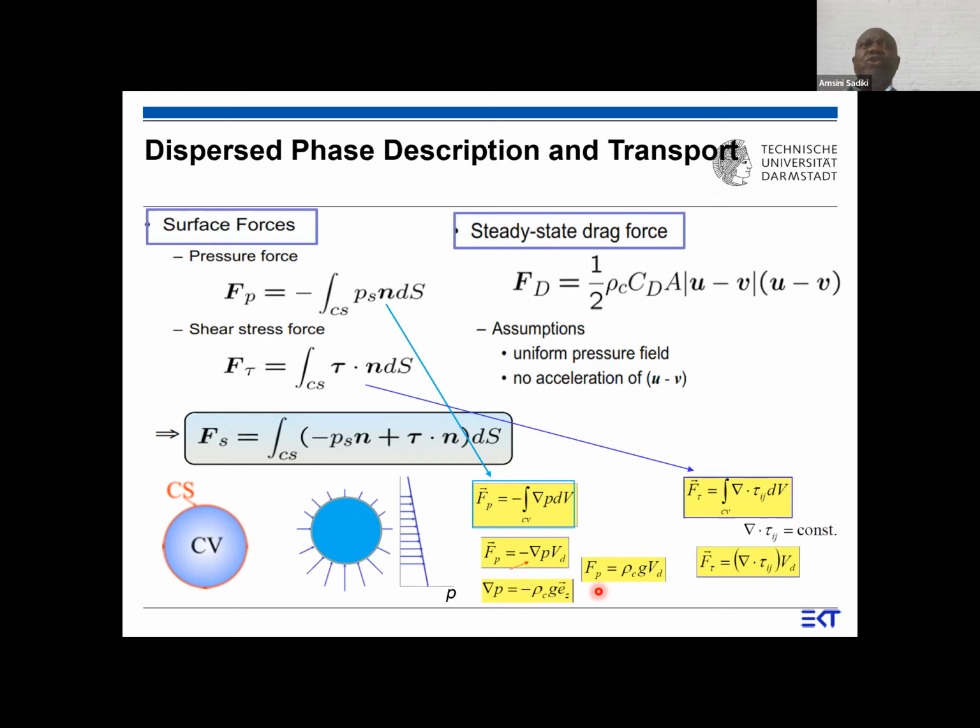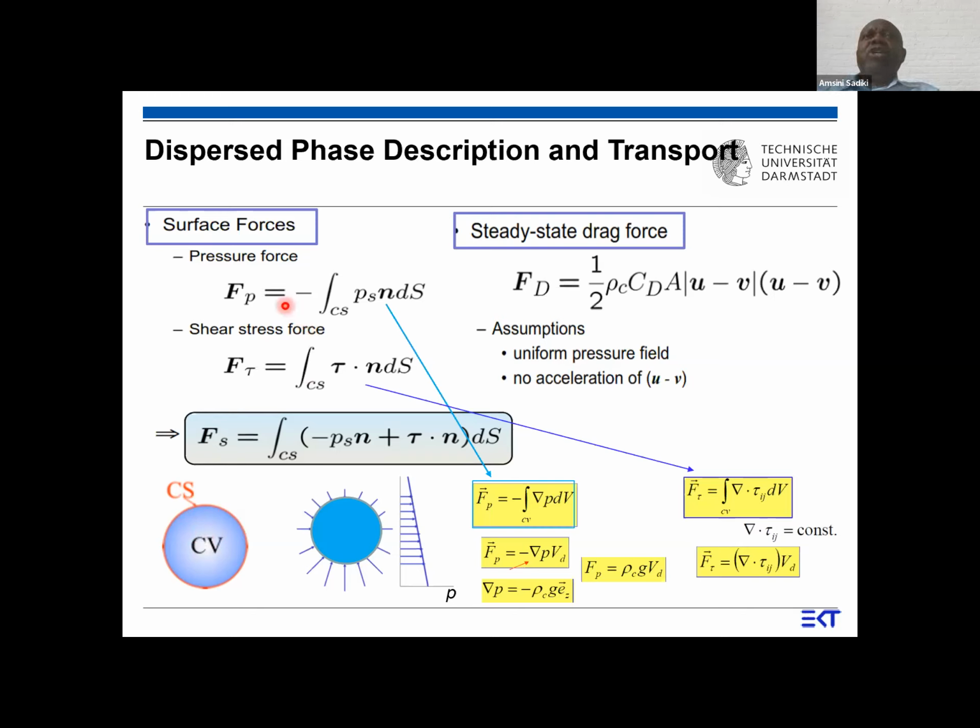The surface forces can be the pressure force or shear stress force. Here, as an example, we have a flow, and this flow acts on the particle, so this particle experiences forces around its surface, and the particle is represented by this control volume, and here we have the control surface.